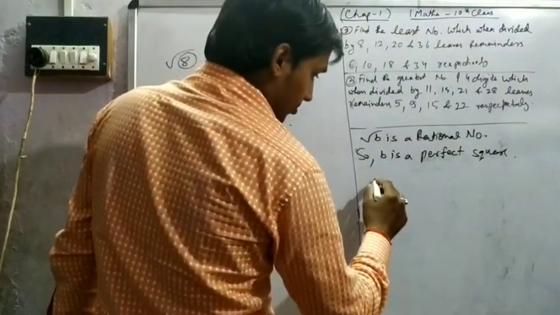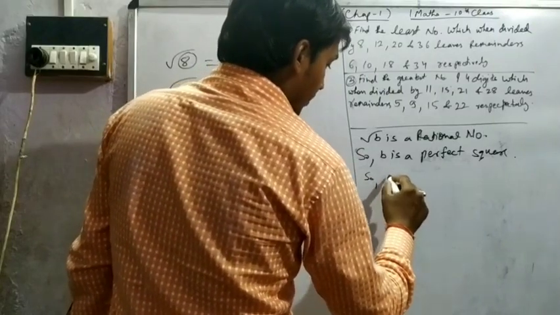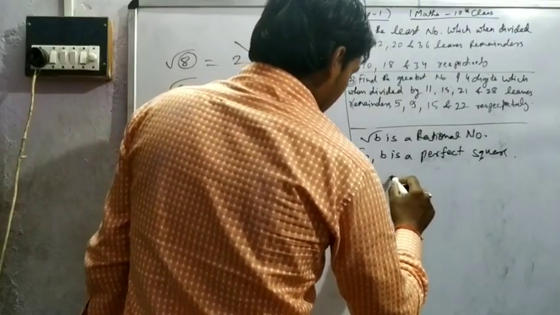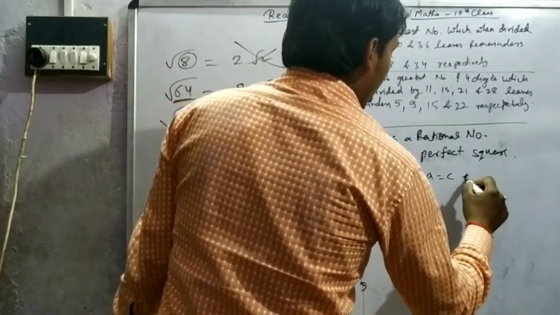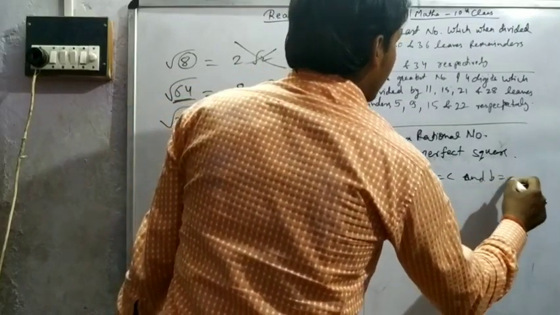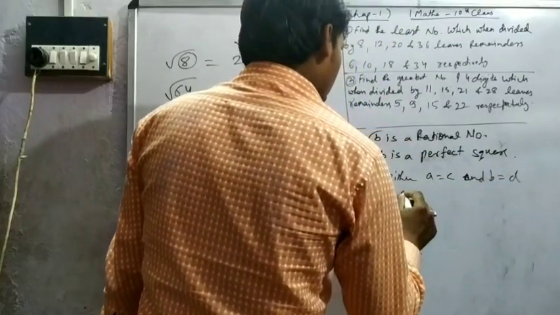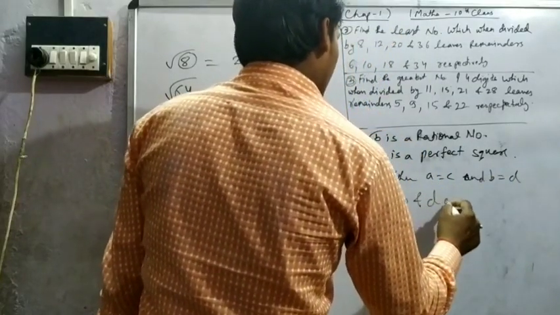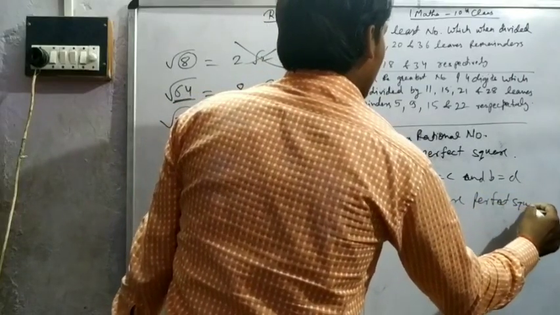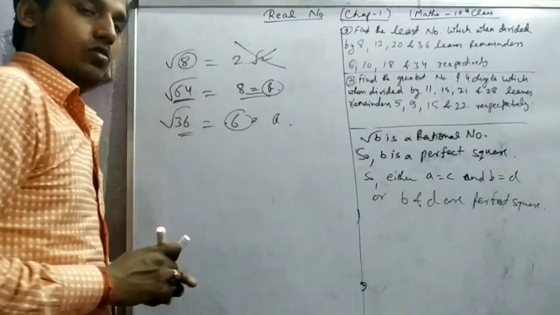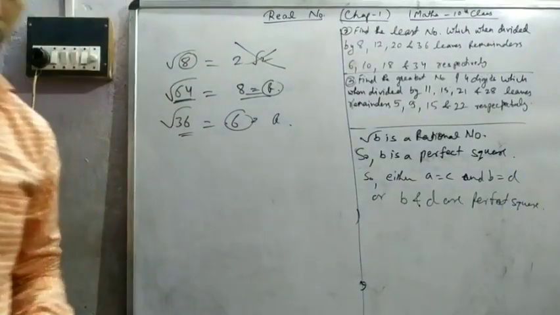That means either A is equal to C and B is equal to D, or B and D are perfect squares. Okay, that's the condition.